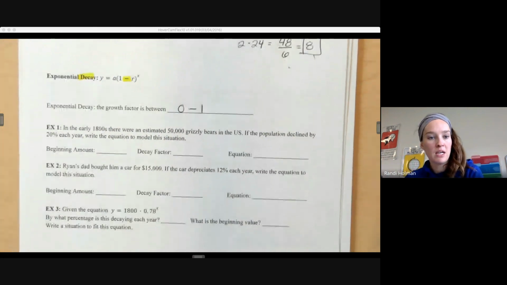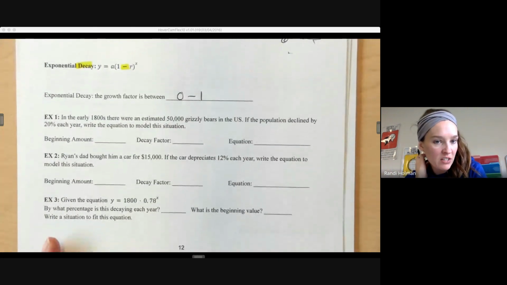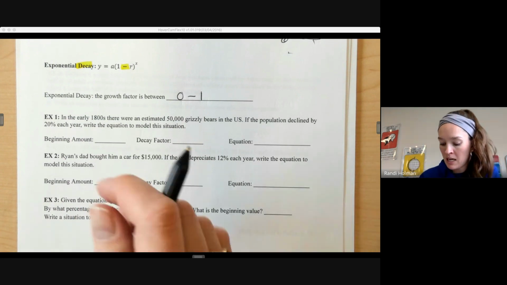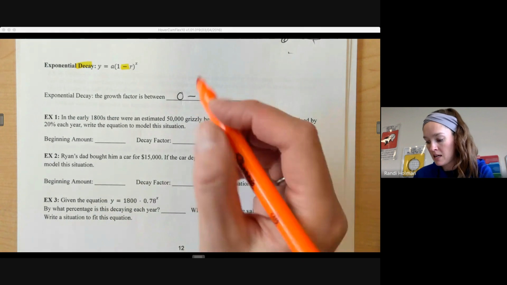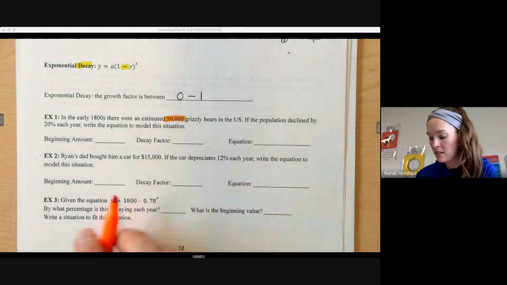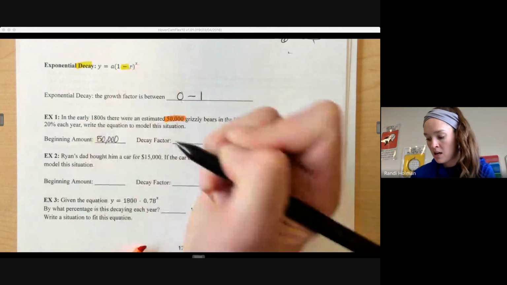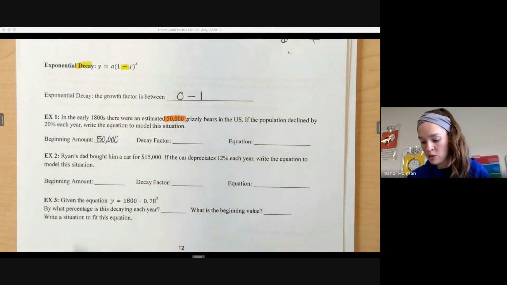So first example here, in the early 1800s, there were estimated to be 50,000 grizzly bears in the United States. If the population declined by 20% each year, write an equation to model this situation. So we're still looking for these same things. Our beginning amount, we had 50,000 grizzly bears. It's going down by 20% each year.